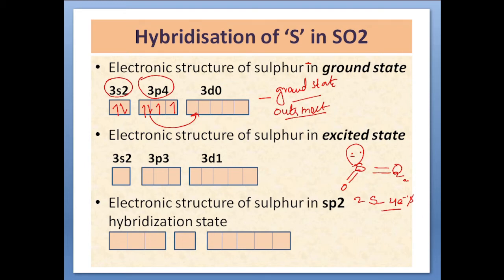The electronic configuration of sulfur in the excited state is 3s2 3p3 3d1.